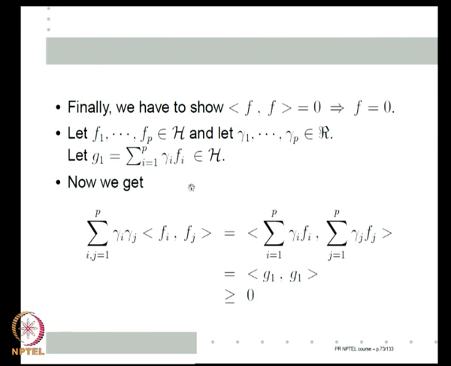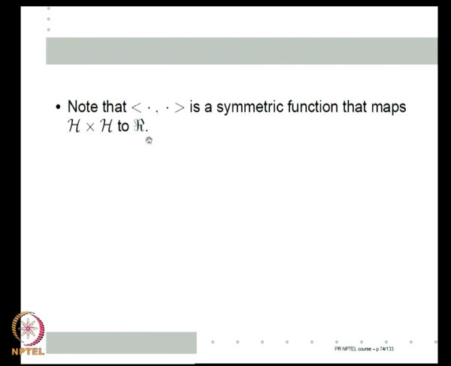So, I can think of the inner product itself as a kernel on H. Our original k, the kernel I am considering, is a kernel on script X, the feature space, but now it looks like the inner product of f i and f j is a symmetric function that maps H cross H. Given any two elements of H, it maps them to a real number, and the function is symmetric.